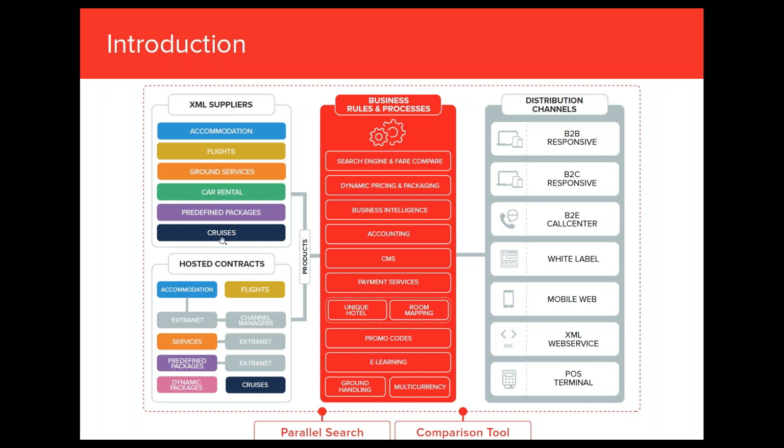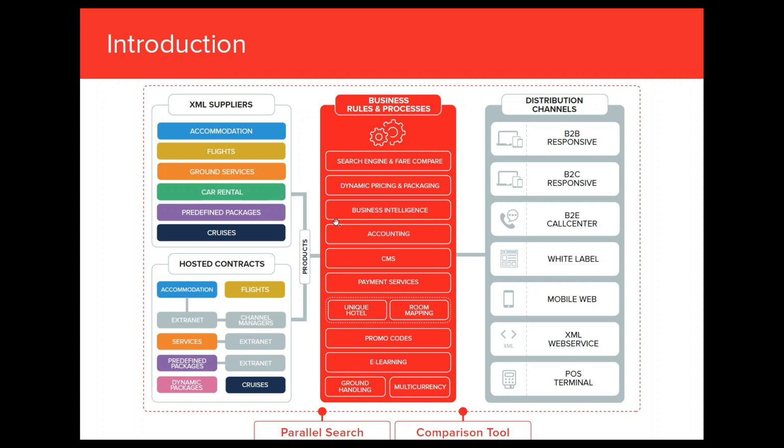Then all this product is processed in this part in the middle that are all the modules that are directly related to the booking engine. Those are technical, or maybe related to accounting, for instance.